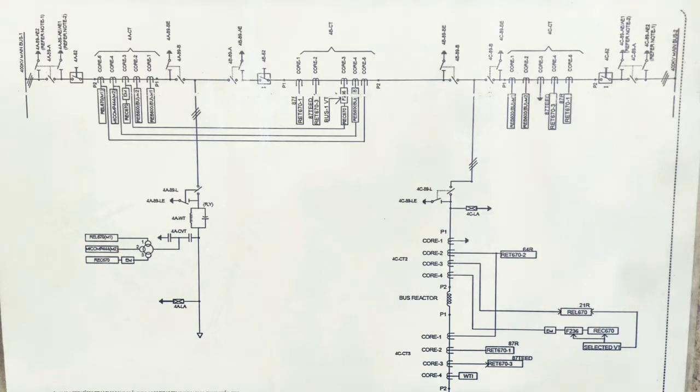Then coming to the right side, the reactor consists of primary and secondary CTs. In between, the reactor winding is protected. The reactor is protected by a REF, which means restricted earth fault, and also backup impedance relays are used.